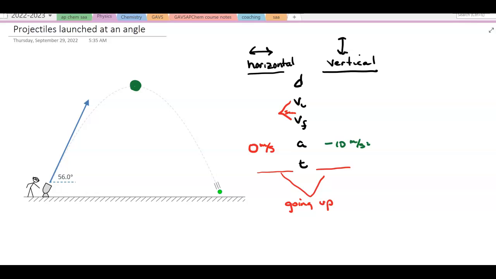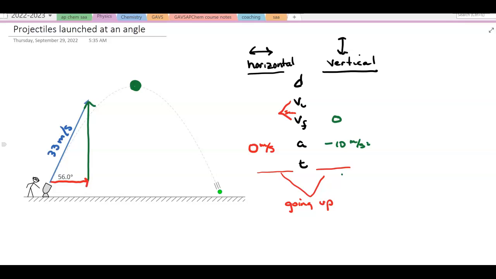So we're going to treat half the time to go up as giving us a final velocity of 0. Our initial velocity going up would be this component of the motion that comes out of the cannon, and the time to go sideways is this component of our original motion.